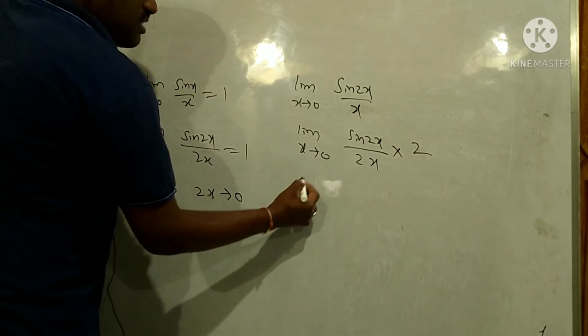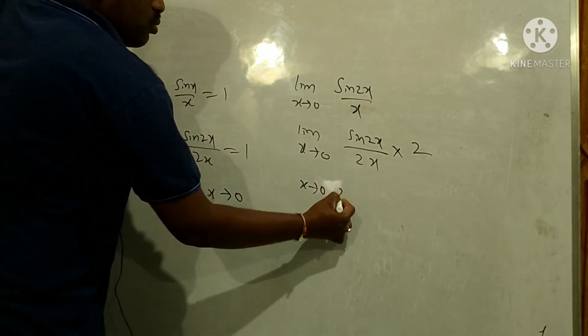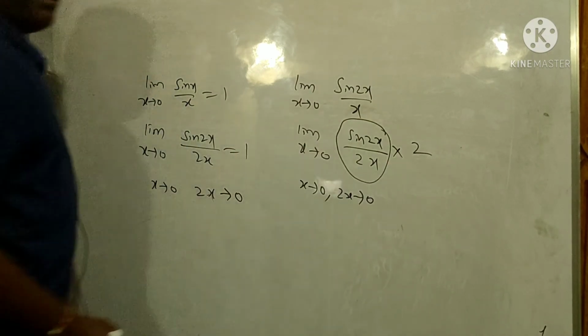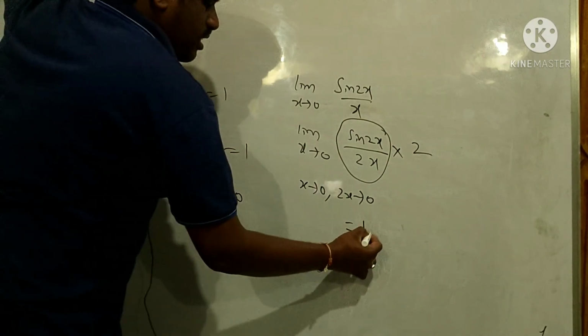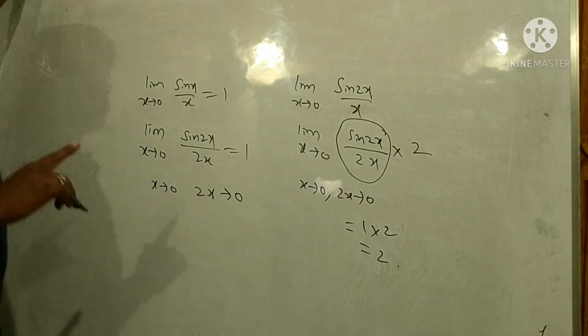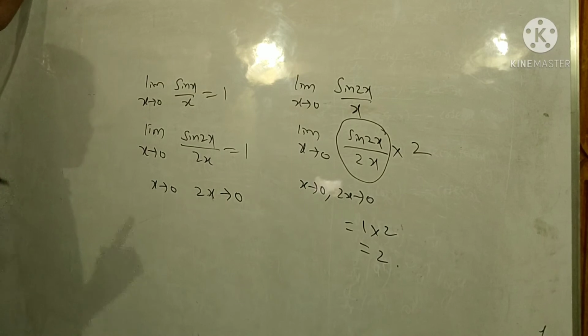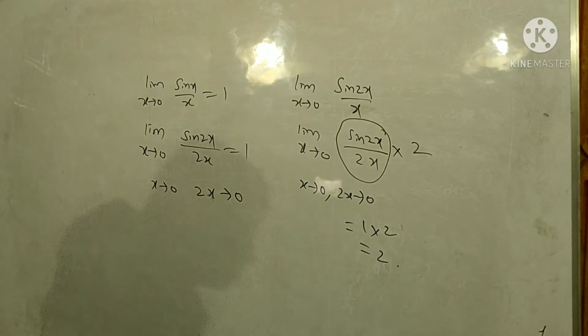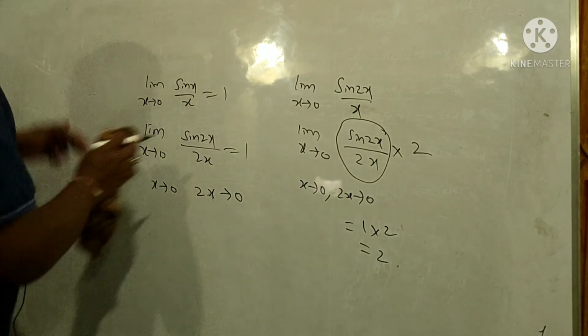Then if x is tending to 0, 2x also tends to 0, and this value will become 1. So I get 1 into 2, which is equal to 2. Remember this. This method is applicable for all the standard limits. You should learn this thing carefully.